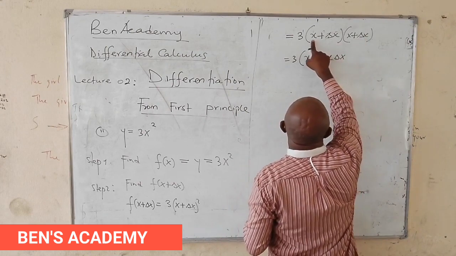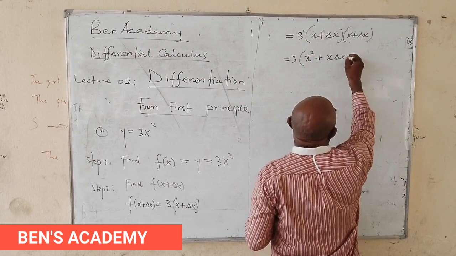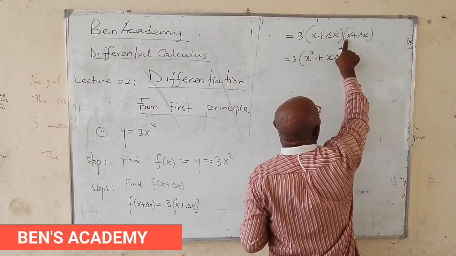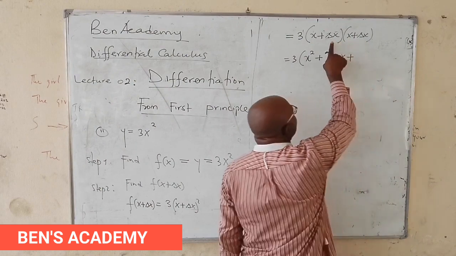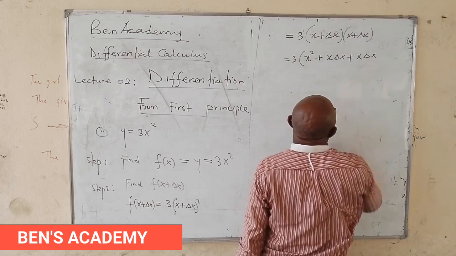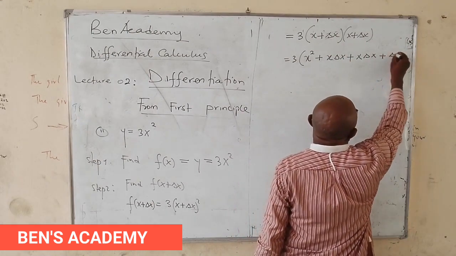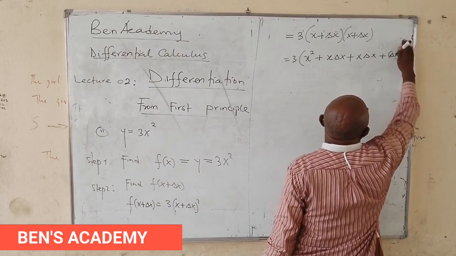So we have times x by all the expression in the second bracket. We will again times change in x by all in the second bracket. That means change in x times x is x change in x. And then change in x times change in x is change in x all squared.